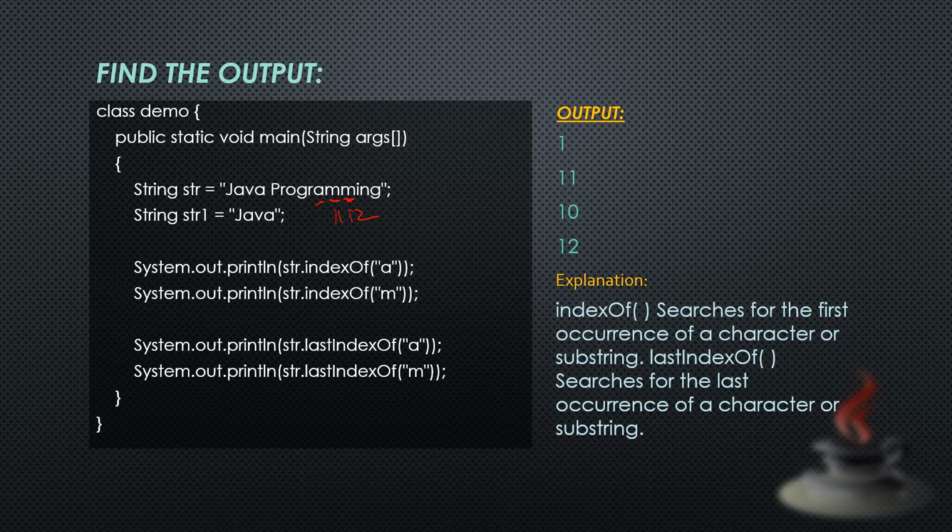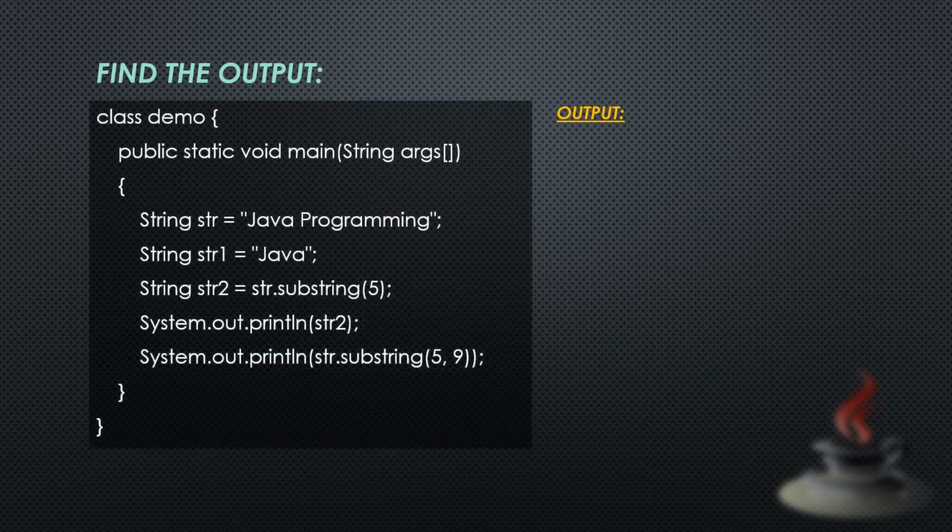Let's go to the next problem. Class Demo, then the main method, with first string "Java programming" and string1 "Java". Now in str2, I am using substring of 5 and storing it in string2, then printing string2. Another one is str.substring(5, 9).